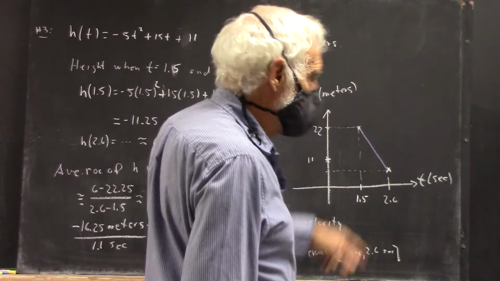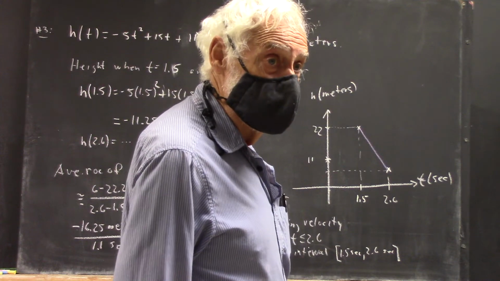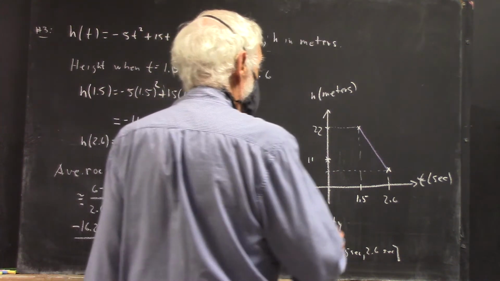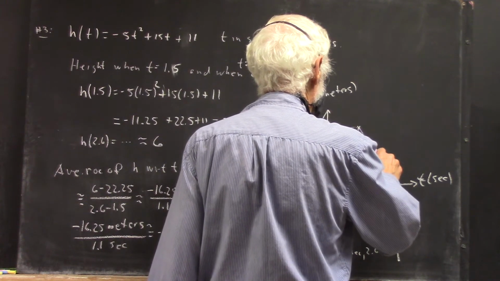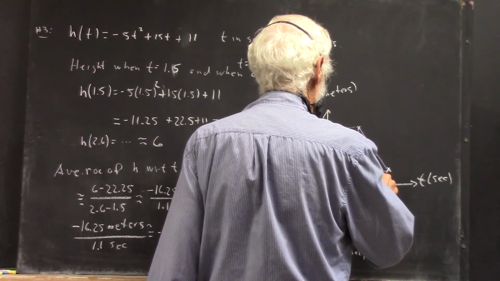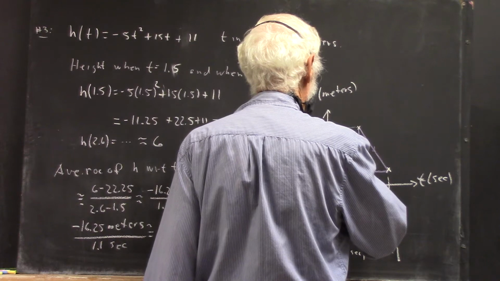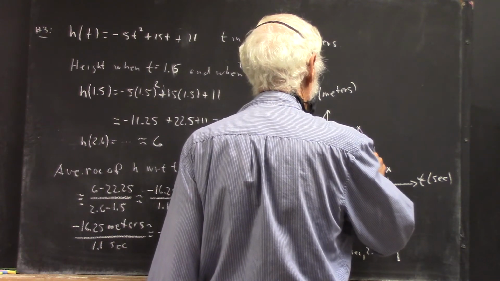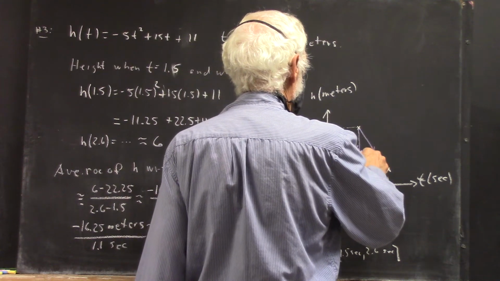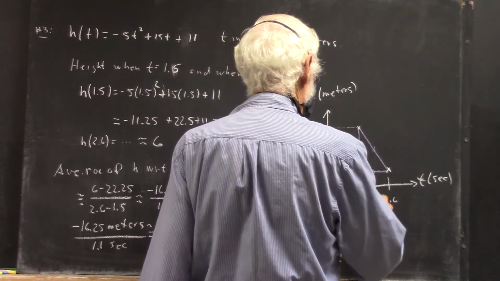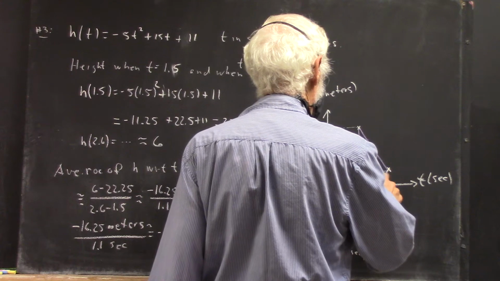To get the average rate of change, I can just do this fundamental triangle. Didn't leave myself room, but this is negative 11.25 here, and this is 1.1.